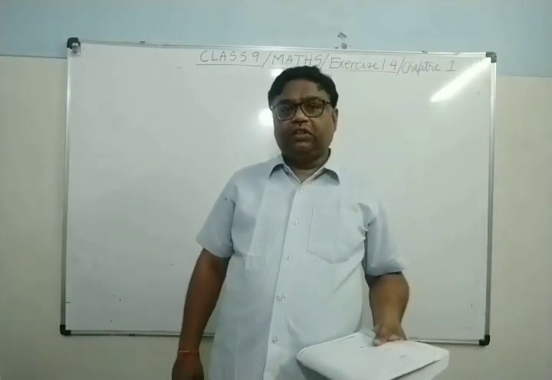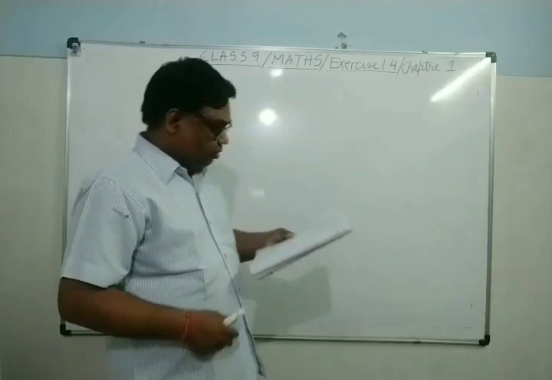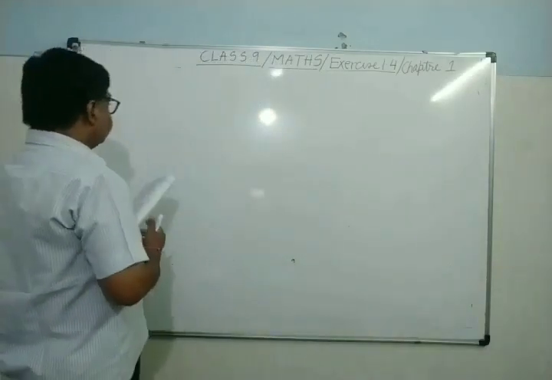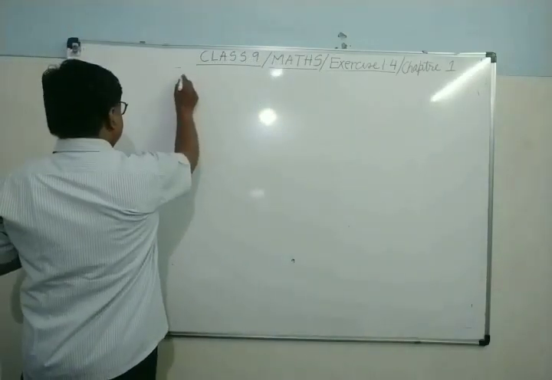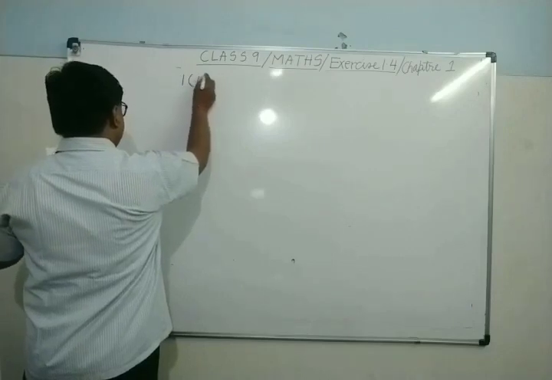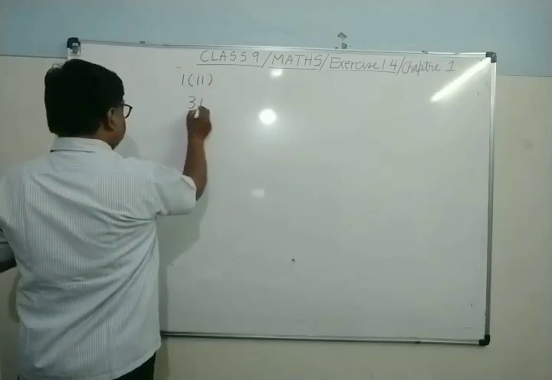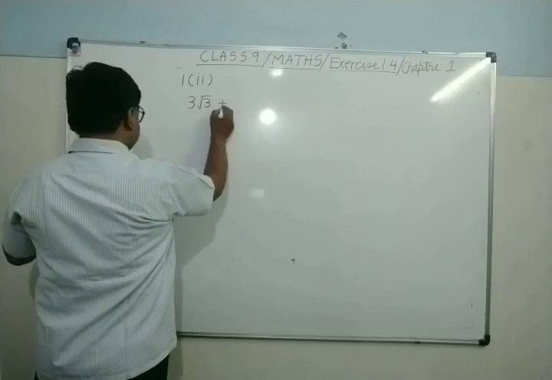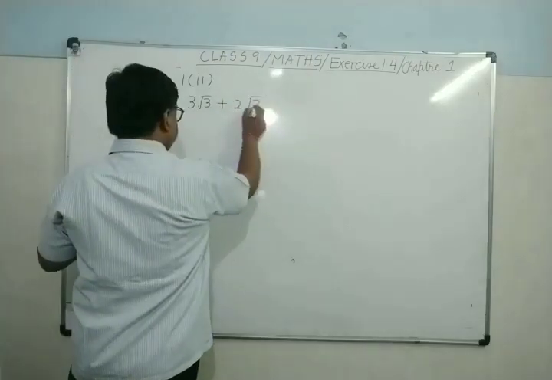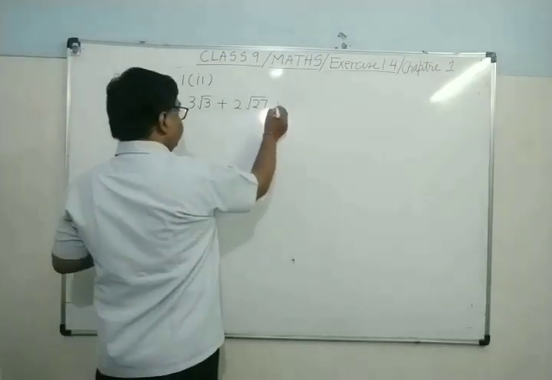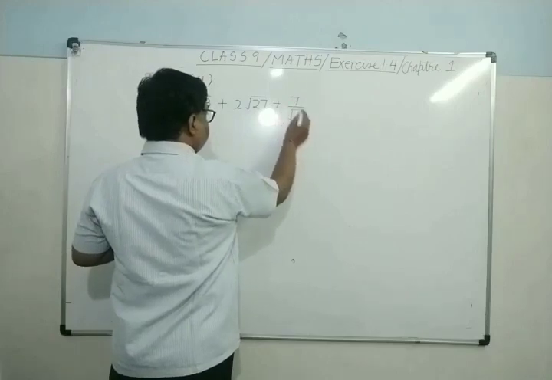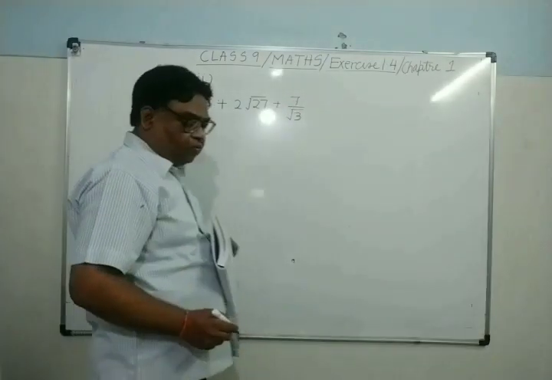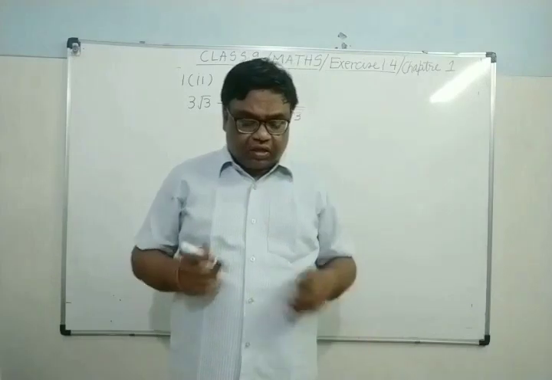So now we will see the second part of question number 1. You can see the second part. Question number 1, second part. Here it is 3 root 3 plus 2 root 27 plus 7 upon root 3. So what is the rule?